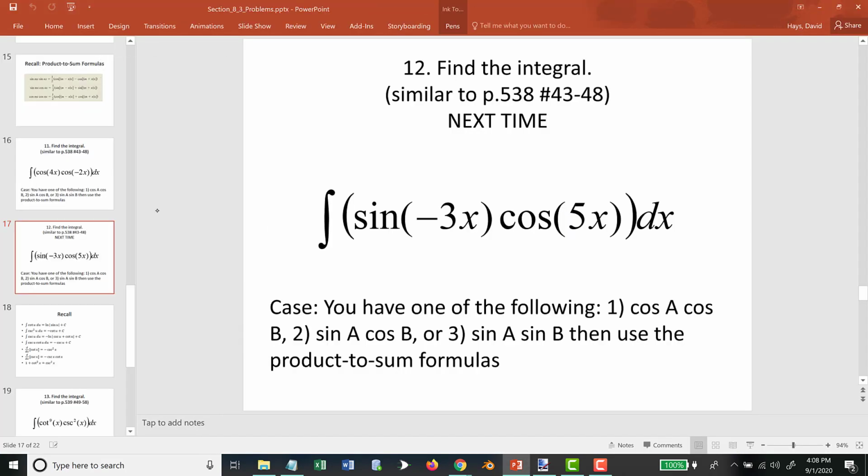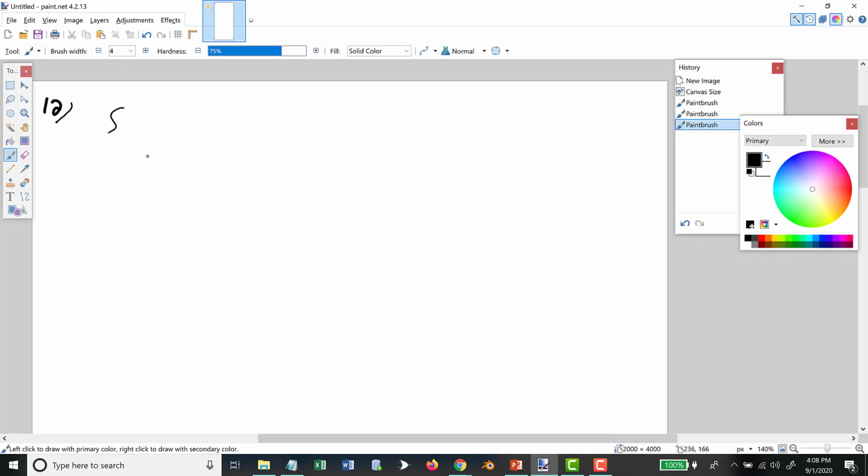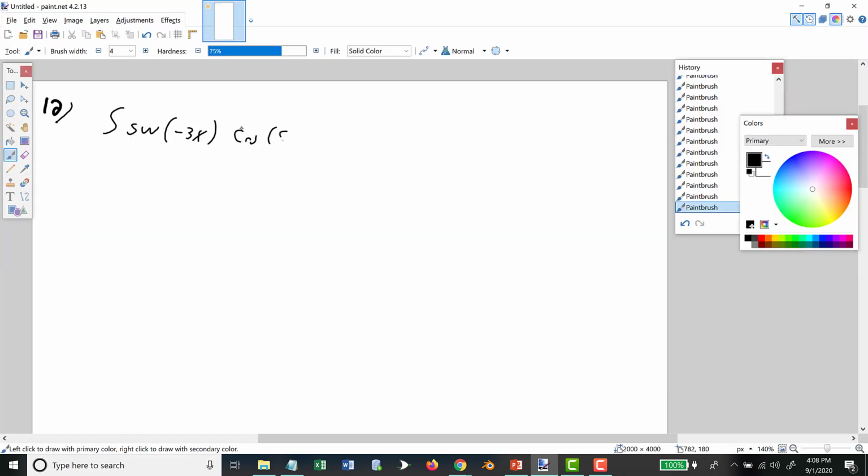Okay, I've got the integral of sine negative 3x cosine of 5x dx.